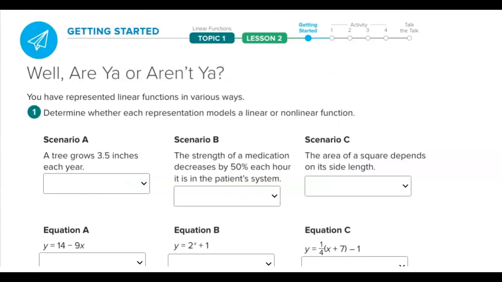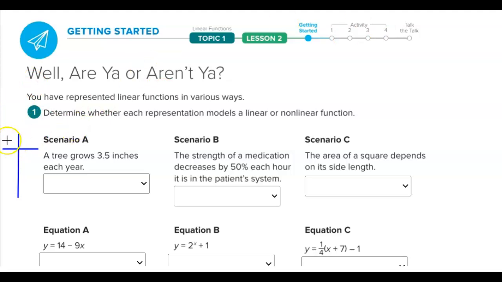Now, when you get up to this top part, when you're looking at the descriptions of what's going on in words, you may want to make yourself a table if you're not sure at first. So let's take this first scenario. You have a tree, and each year the tree grows another 3.5 inches.